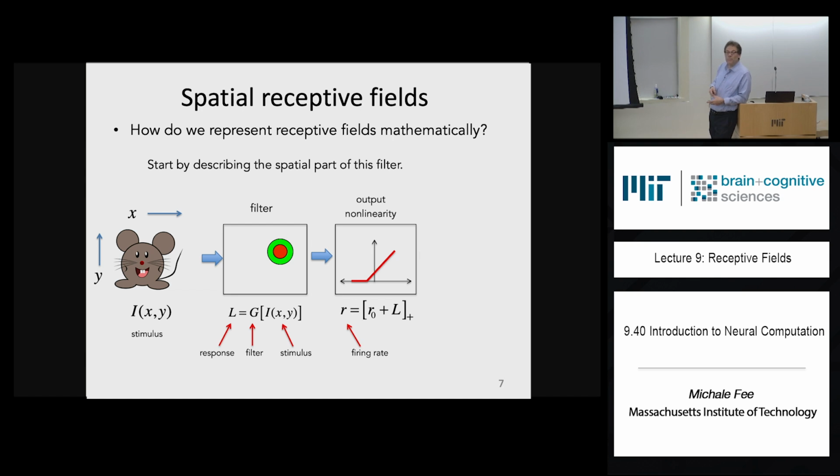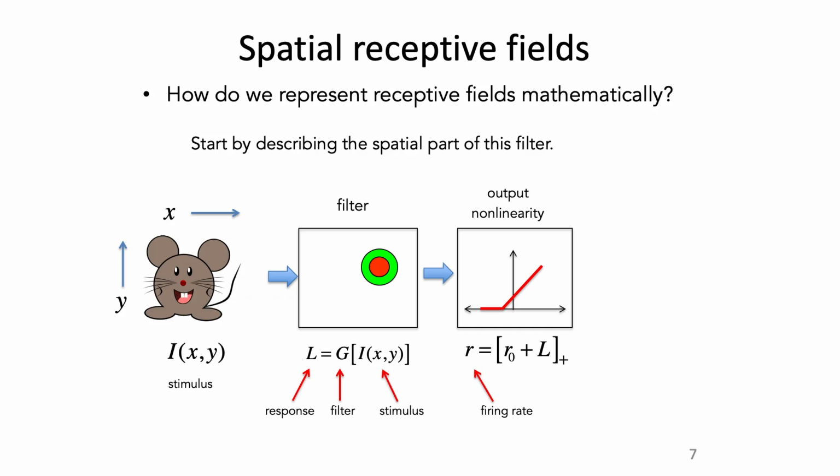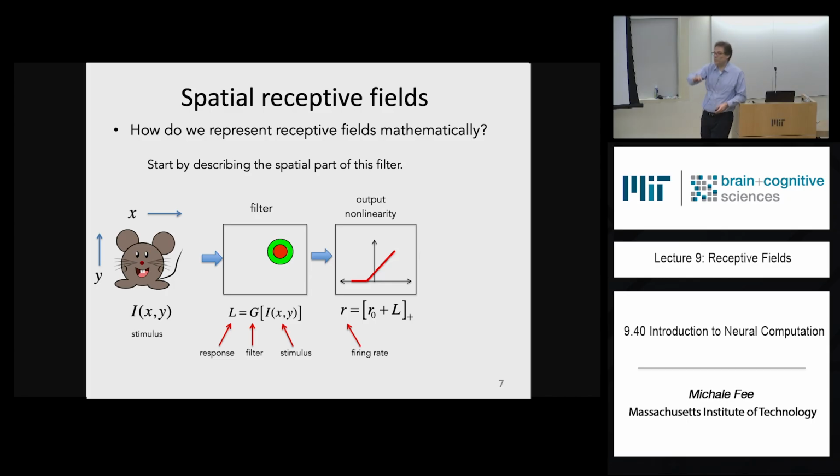In this case, you can see that as a function of L, when L is 0, the neuron has some spontaneous firing rate R0, and if L is positive, the rate goes up. If L is negative, the rate goes down until the rate hits 0, and then once the neuron stops firing, it can't go negative, right? So the neuron firing rate stays at 0.